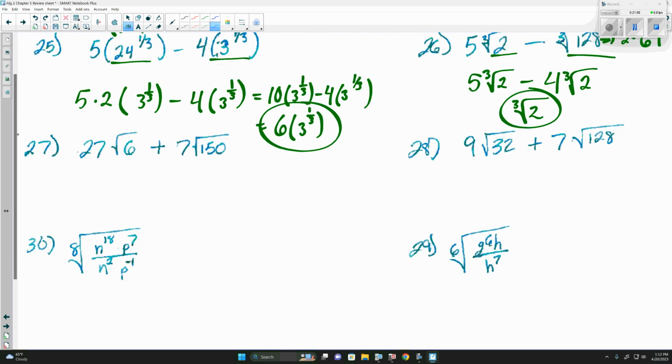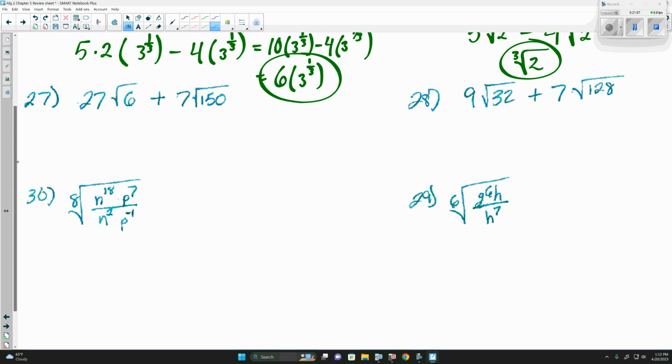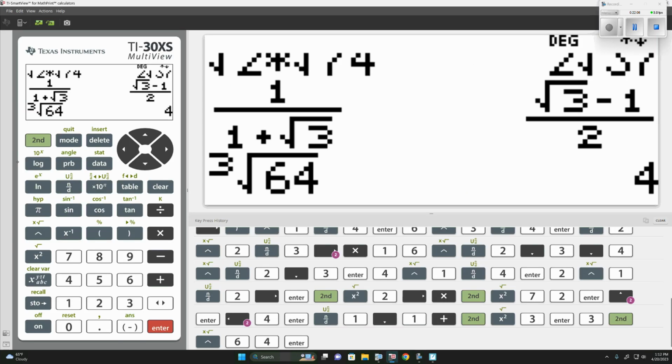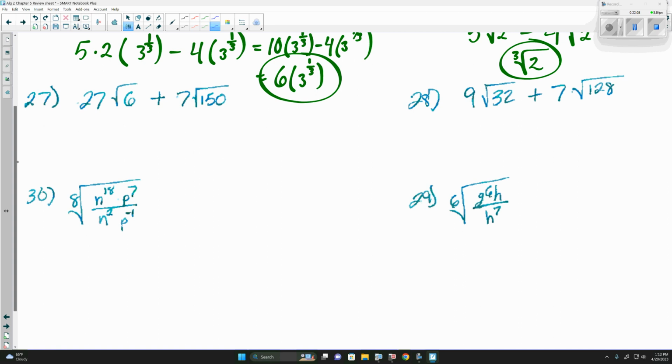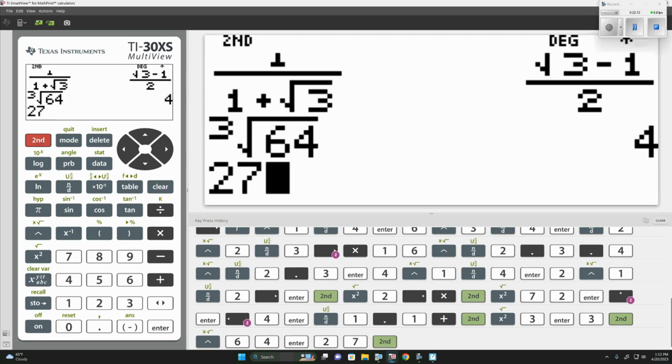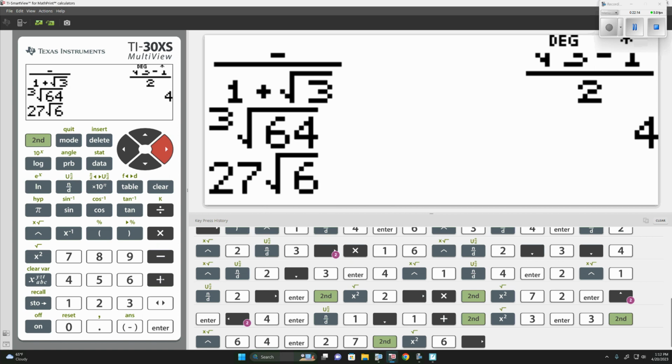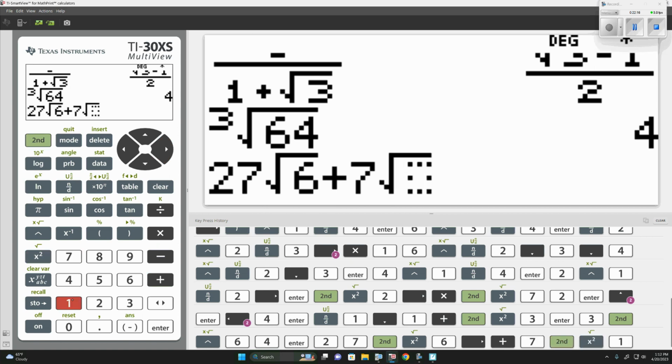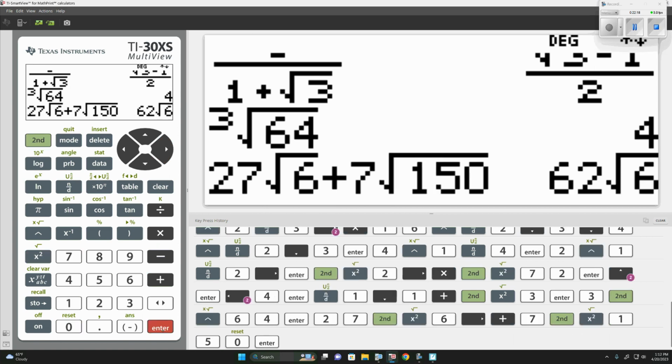Well, what do you think we can do for 27? Square root of 6 plus 7 square root of 150. Because again, the yellow calculator likes square roots.